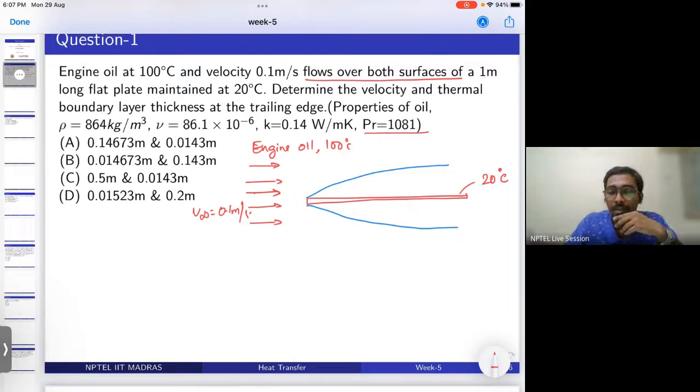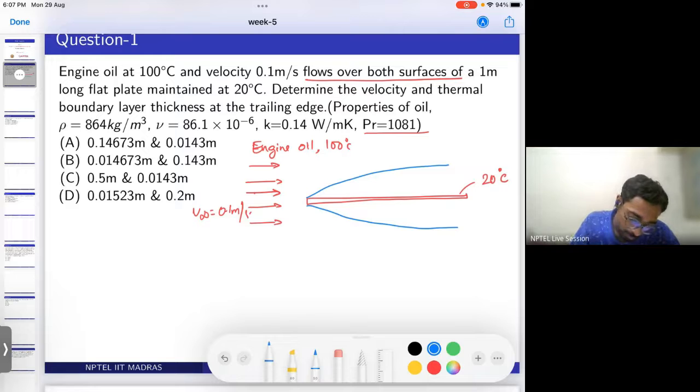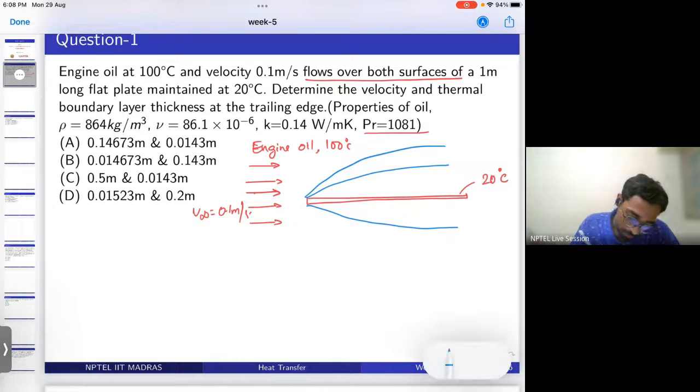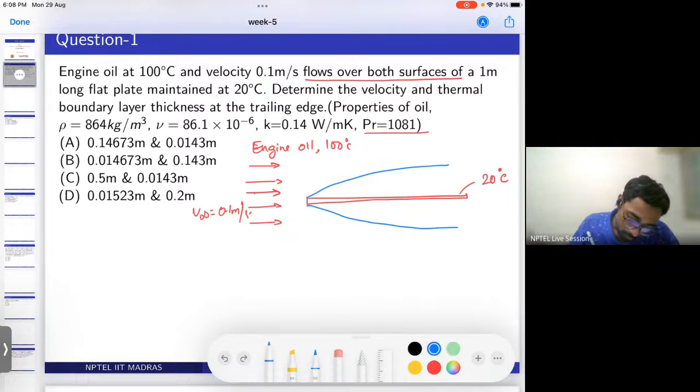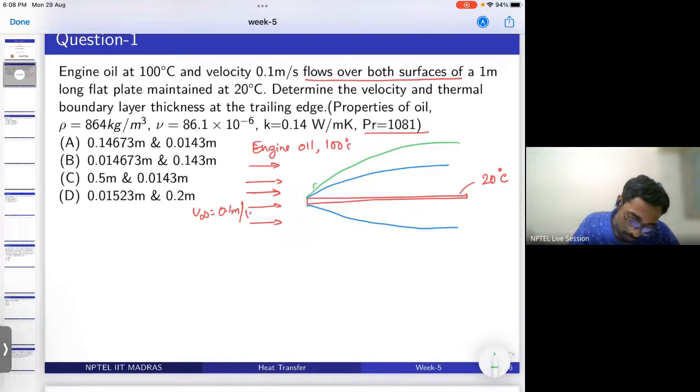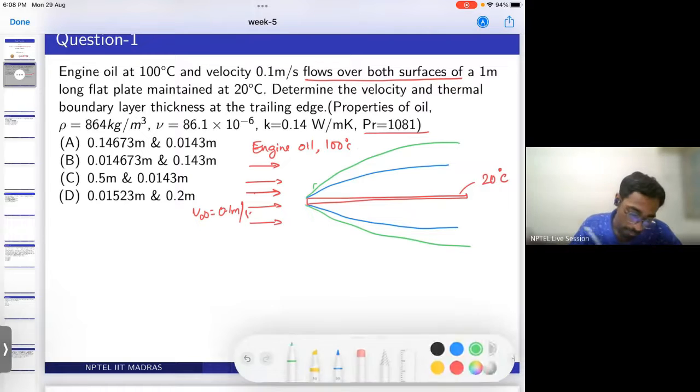Does the momentum diffuse faster or the thermal energy diffuse faster? I explained this in the last class. If I draw, which one will be green and which one will be the blue line?